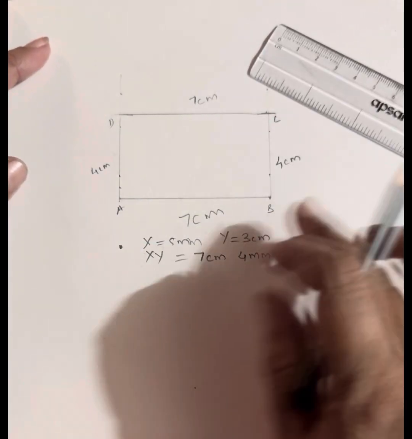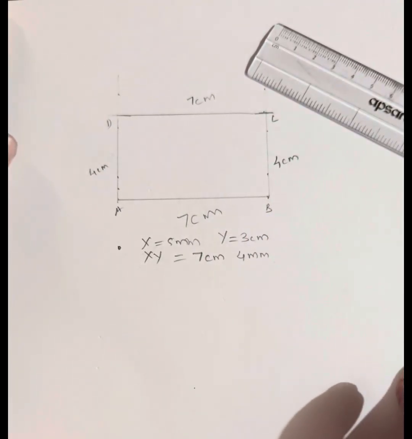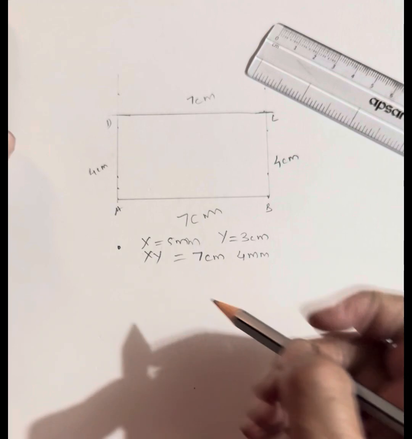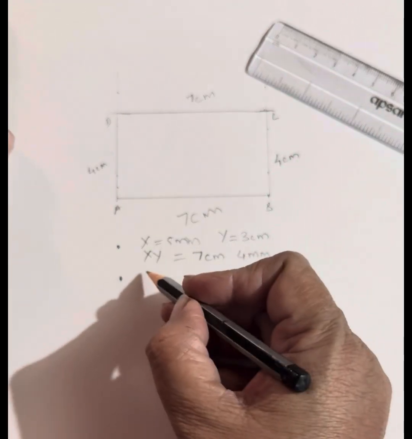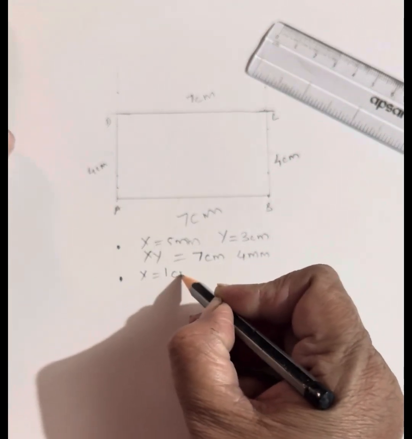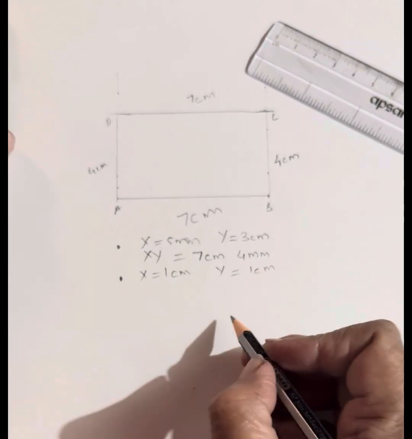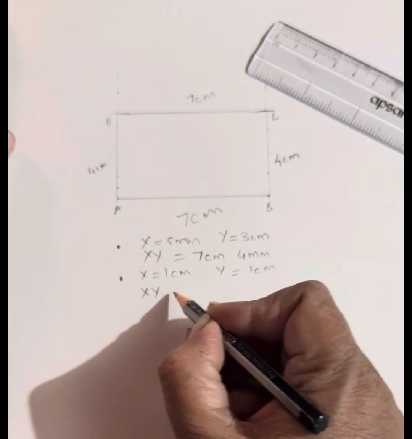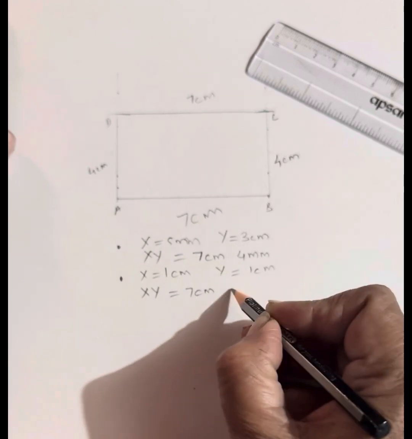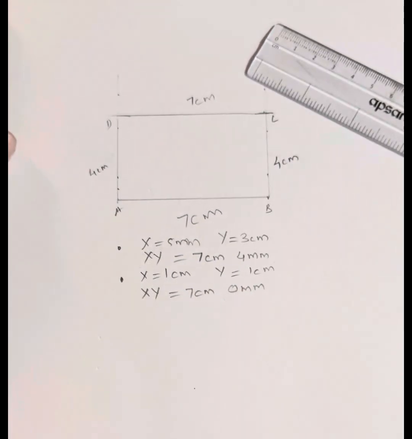Because both are at the same distance from the vertex A and B. So in the second question, X is 1 centimeter away, Y is also 1 centimeter away from B, and XY is equal to 7 centimeter 0 mm you can write.